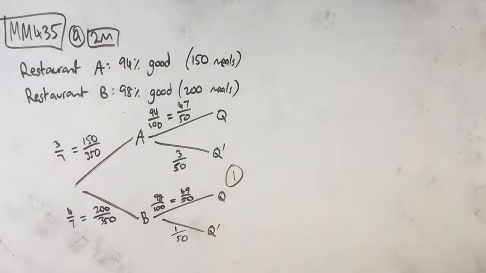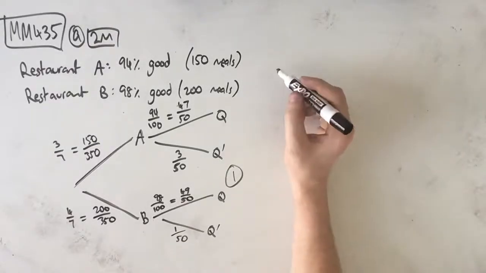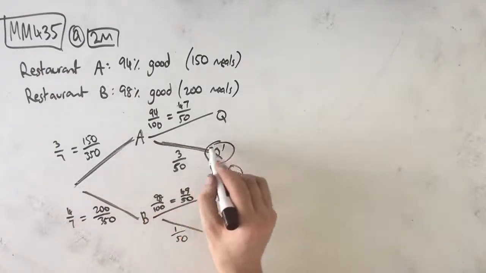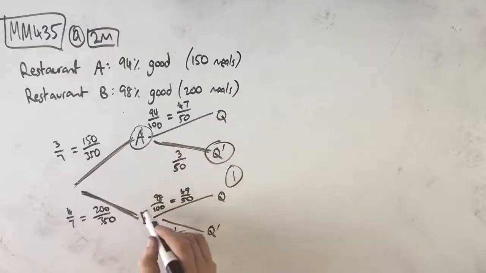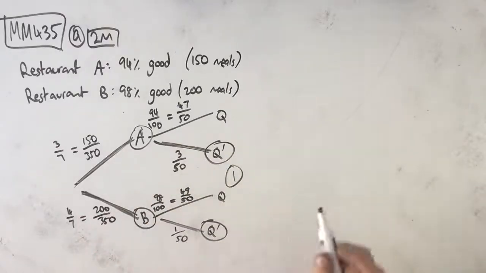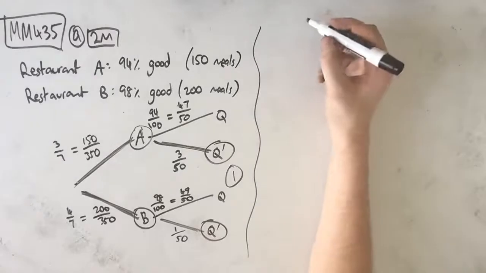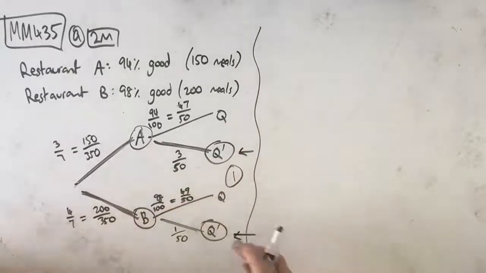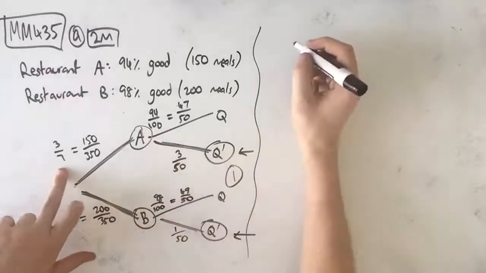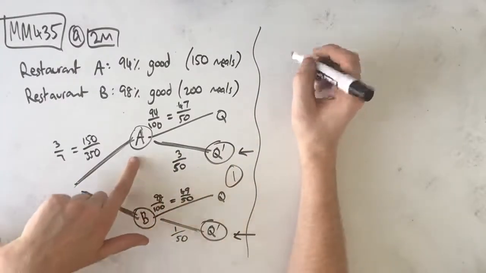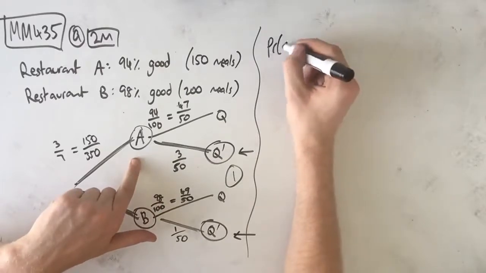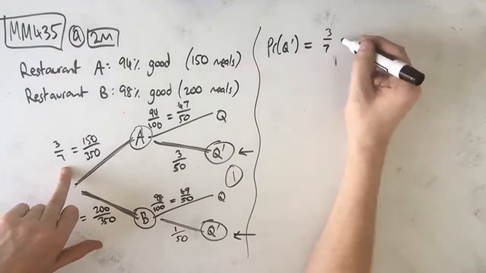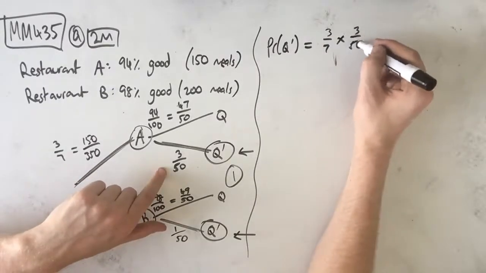So now what? Well, we're looking for the probability that her meal is not of good quality. So she could have either gone to Restaurant A and not got good quality, which is this path here, or gone to Restaurant B and not got good quality, right? So in order to figure out the probabilities of each of these paths, we need to multiply these pathways together. So the probability that she had a not good quality at Restaurant A is 3 on 7 times 3 on 50.